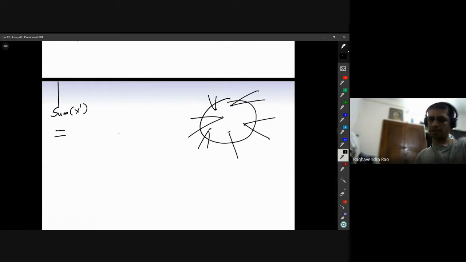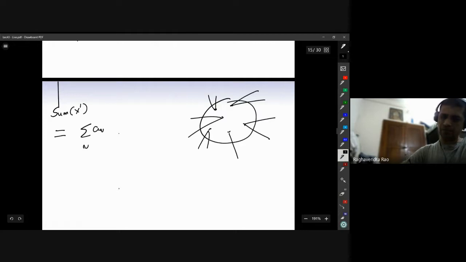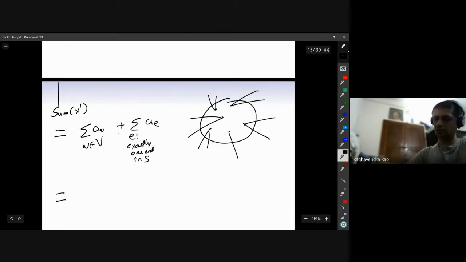Sum of X prime is equal to summation of a_v, v in S, plus summation of a_e, e with exactly one endpoint in S. Okay, so v in S, I'm sorry.